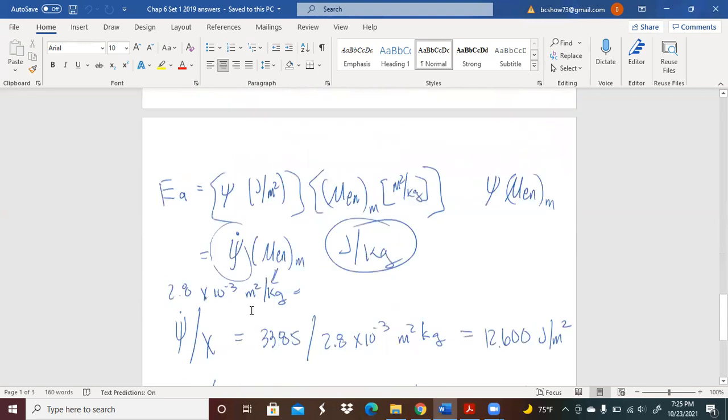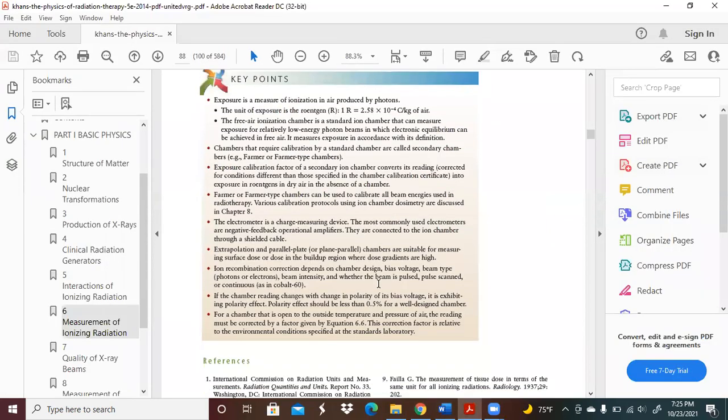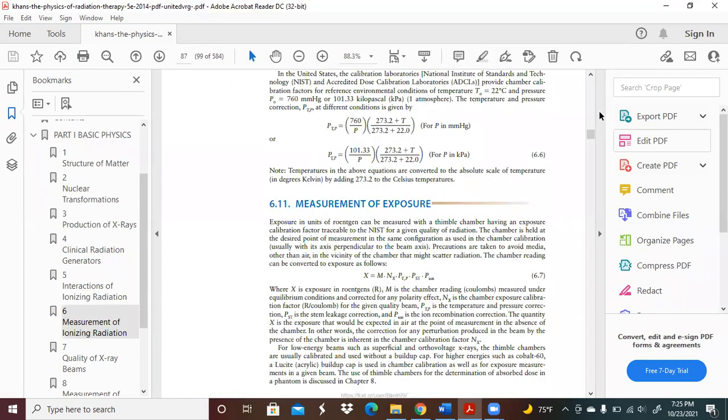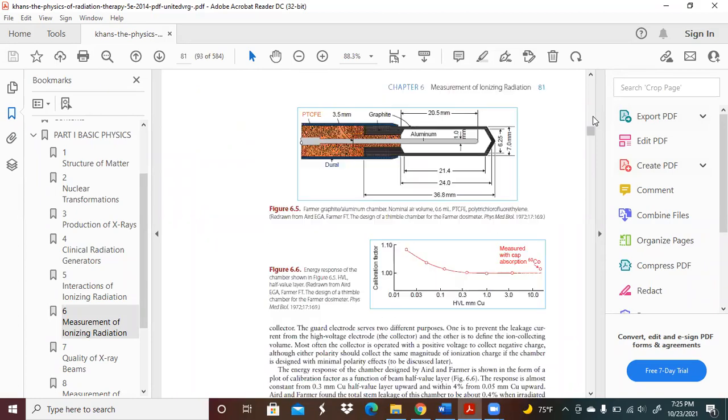So now, moving on, if we take our photon fluence, or energy fluence, I'm sorry. Let me make sure I'm on the beginning part of this chapter.